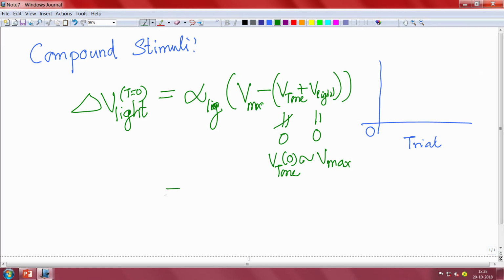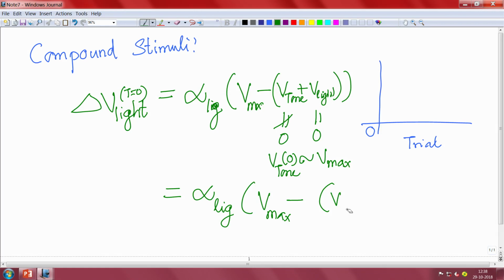As a result, what we have is alpha light. The learning in the first trial because of this compound stimuli pairing for the light shock association would be V max minus V tone, which is equal to V max, right.